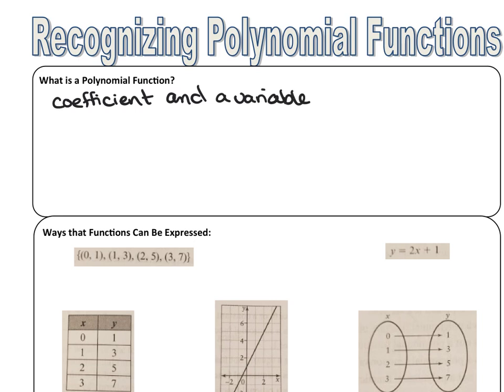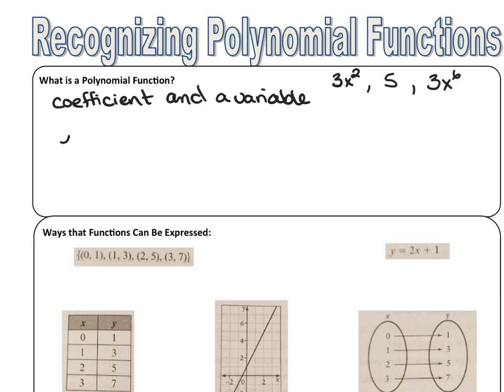Sometimes it doesn't have a variable, sometimes it does, but polynomial stands for many terms, and so it's just an expression that has many terms in it, and terms can be something like 3x squared or 5, which is a term, or 3x to the 6. These are all considered polynomials if you string them together.